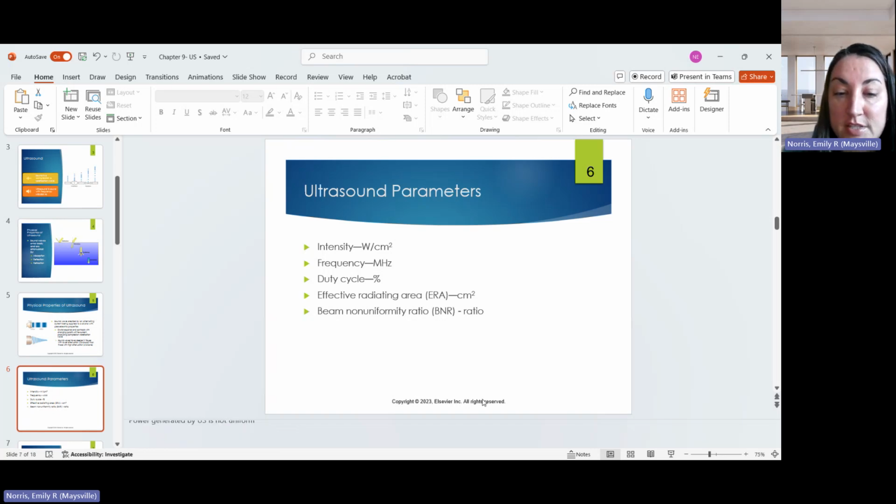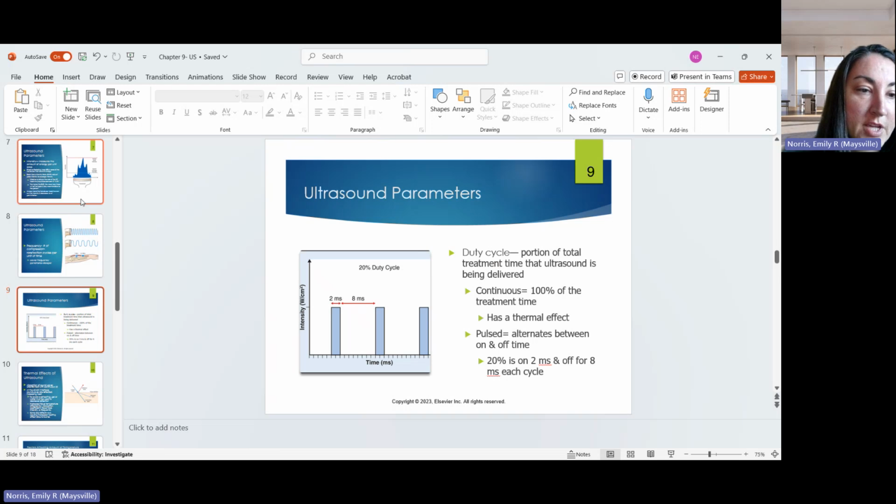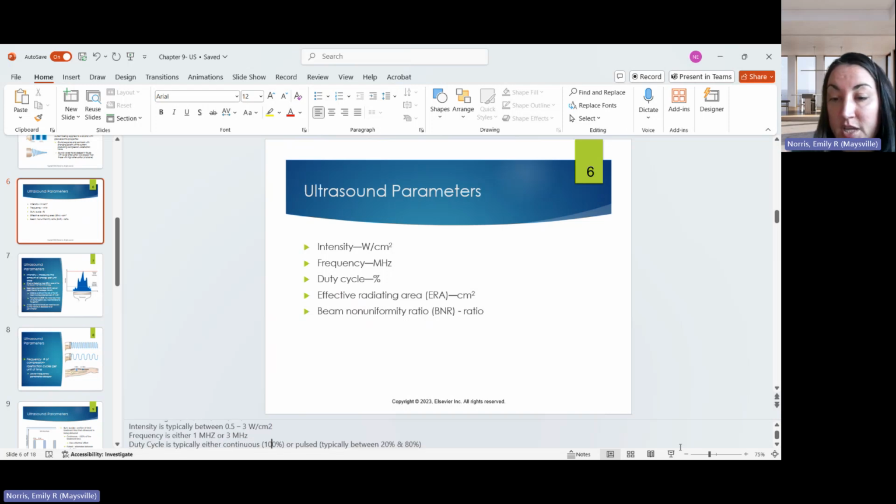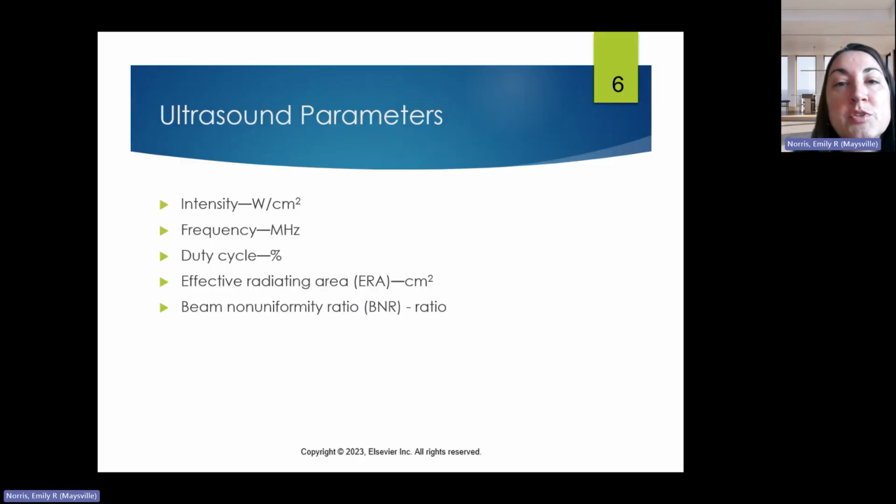The duty cycle is either continuous, which is 100%, or pulsed, which can be anywhere between typically 20 to 80%. Most ultrasound machines come with preset duty cycles, so you just pick between a few versus typing it in. Most of those are like 20, 50, 80% of the continuous cycle. The effective radiating area and beam non-uniformity ratio we'll cover in just a minute as well.